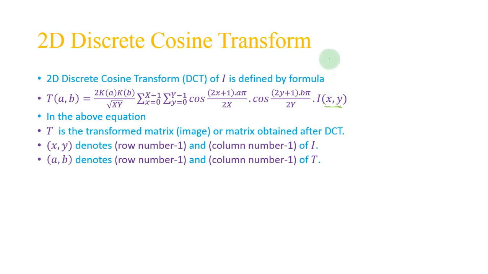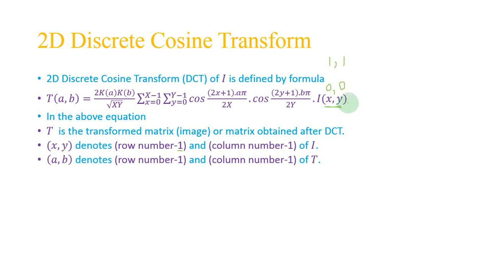The column number is 1 and the row number is 1, but here it comes 0 comma 0. So we subtract 1 from the row number, 1 minus 1 is equal to 0, and the column number is also 1, so we subtract 1 from 1, which will be 0.